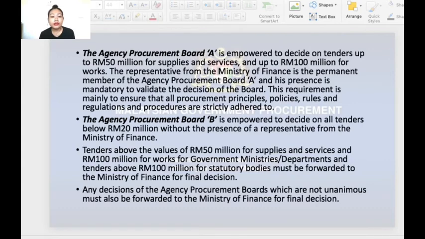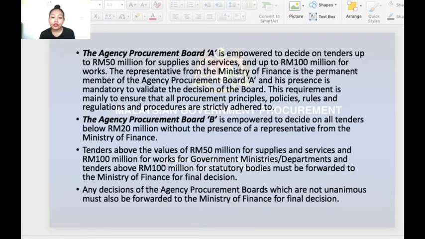This requirement is mainly to ensure that all procurement principles, policies, rules, regulations and procedures are strictly adhered to. Meanwhile, the Agency Procurement Board B is empowered to decide on all tenders below 20 million ringgit without the presence of a representative from the Ministry of Finance.